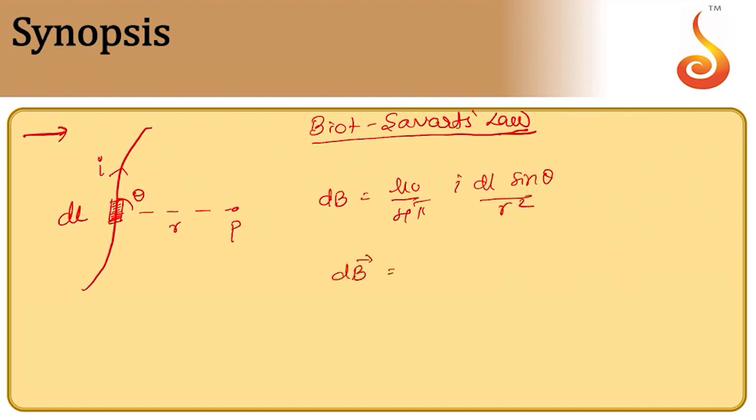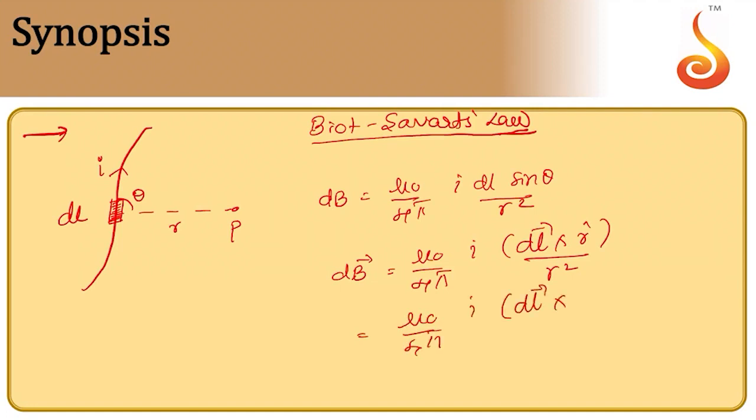Vectorially, this is written as dB is equal to mu naught by 4 pi I into dl cross r cap divided by r square, or this is also written as mu naught by 4 pi I into dl vector cross r vector divided by r cube.